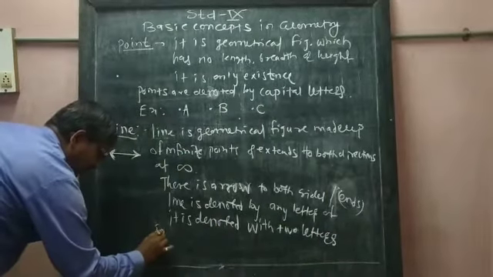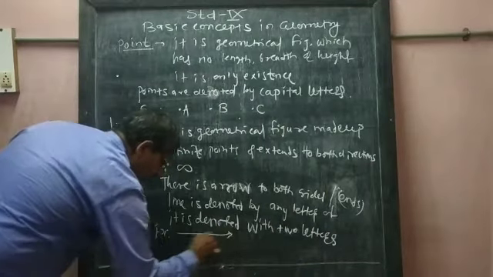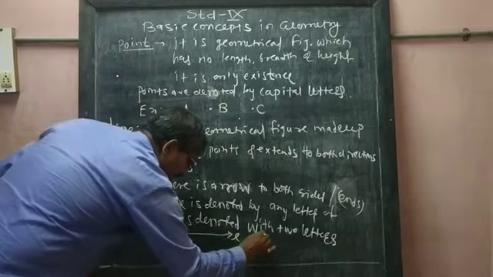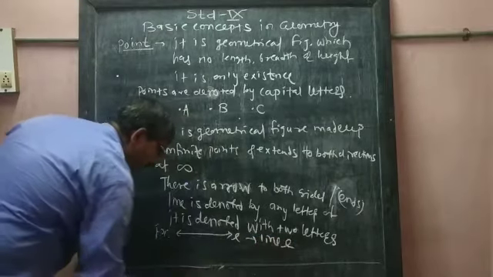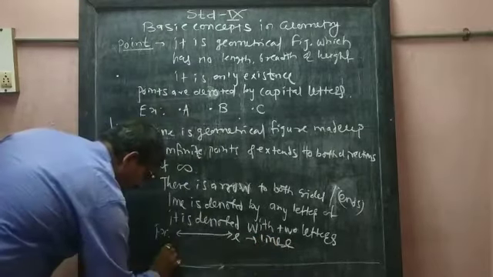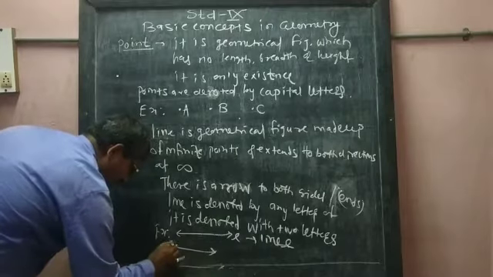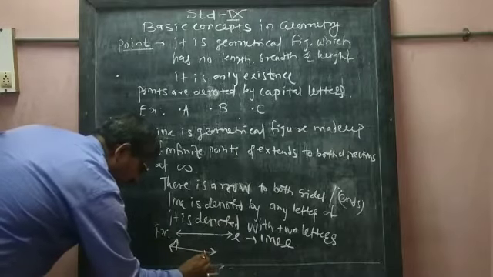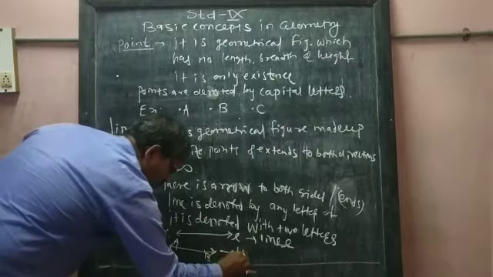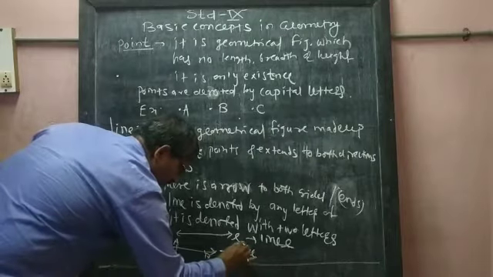Example we will take here. Suppose this is line L, and suppose here if I write A and B, this is called line AB.